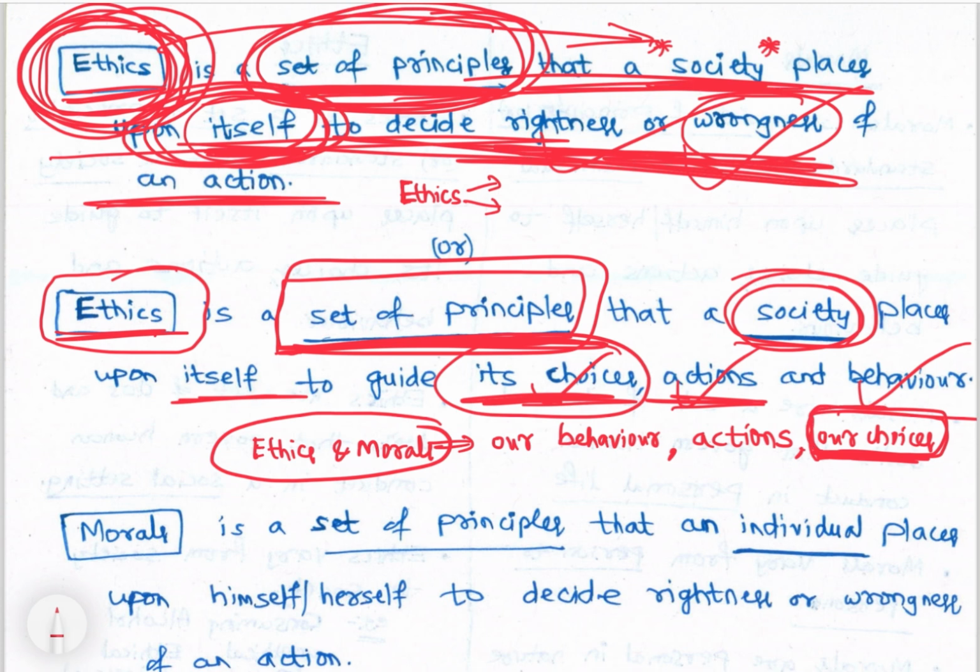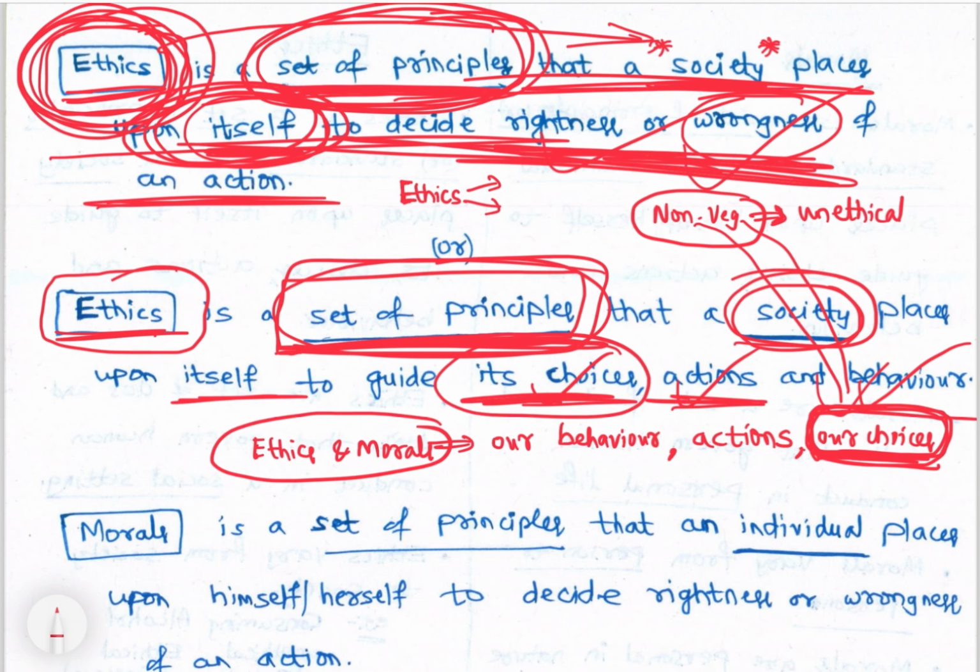In fact, our food habits too. In India, especially in a few areas, eating non-veg food is considered unethical, right? So once we consider it unethical, our choices of food are derived based on what is right and what is wrong. Society has a set of principles.